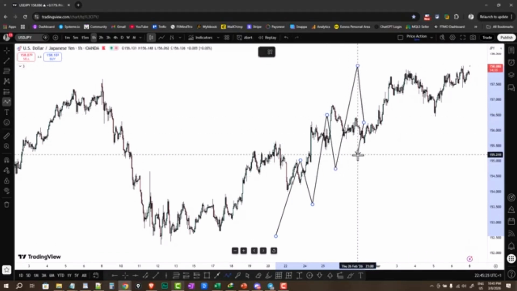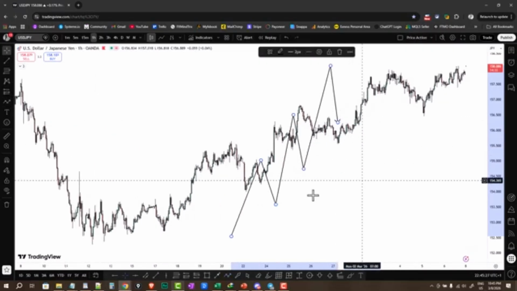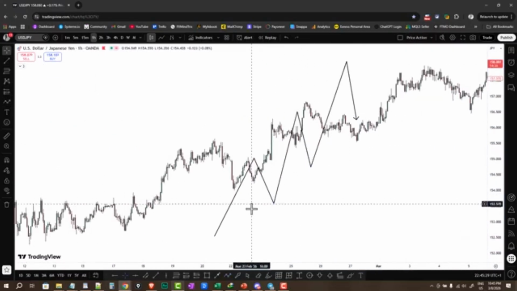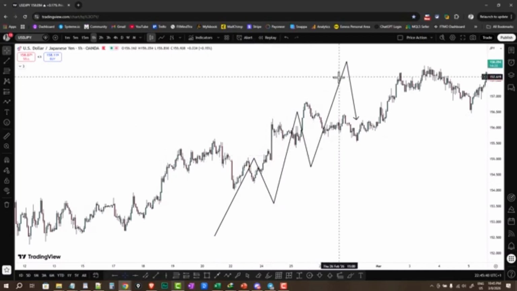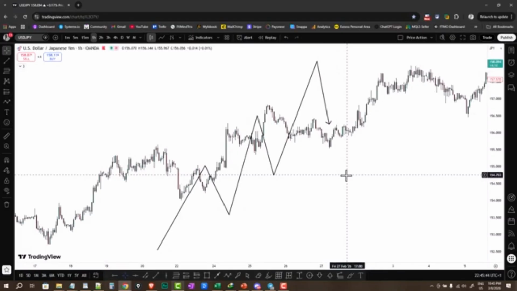So in a healthy uptrending market, we expect price to consistently break above previous resistance levels that it couldn't break above, and keep forming higher highs and higher lows, higher highs and higher lows. This is the typical movement of an uptrending market.